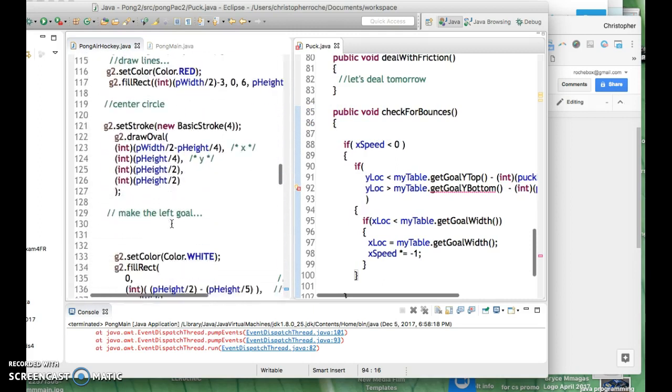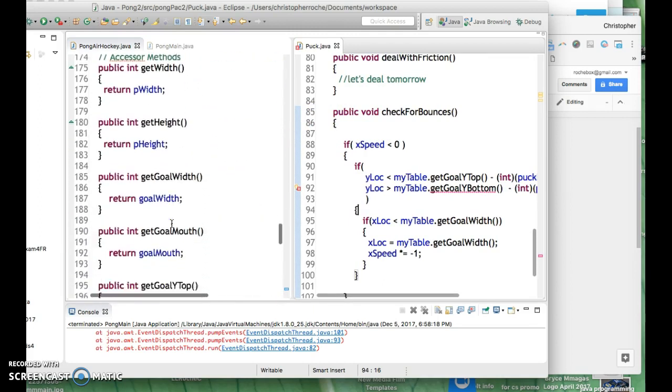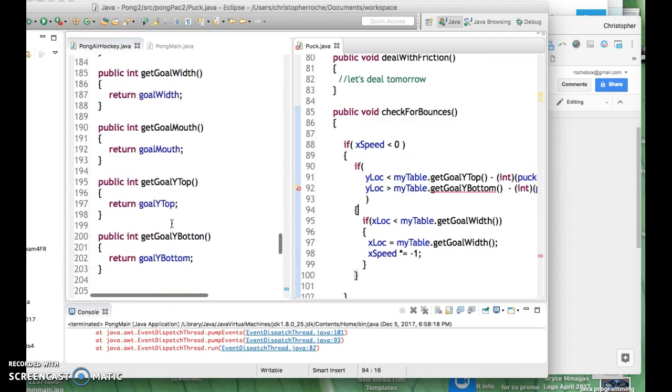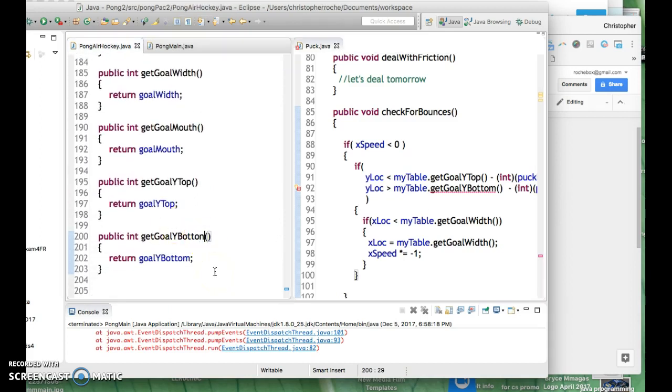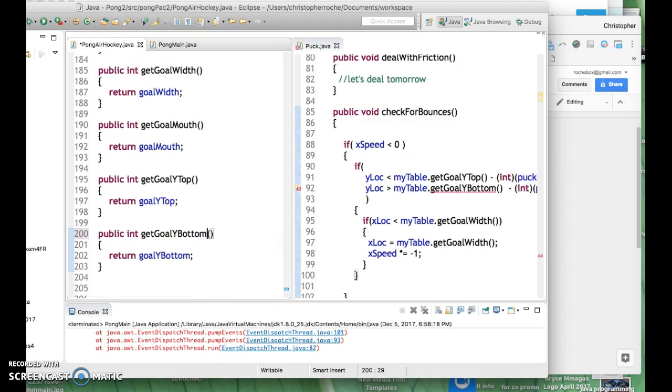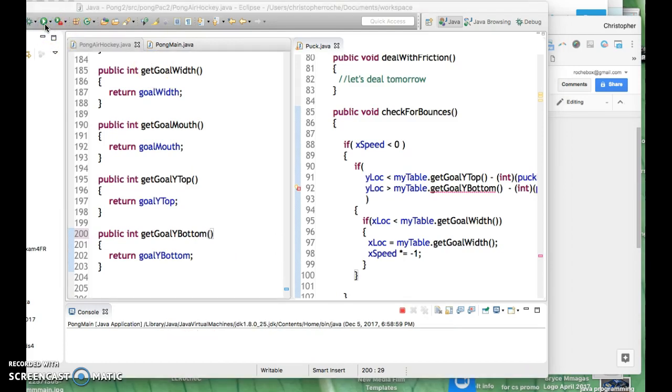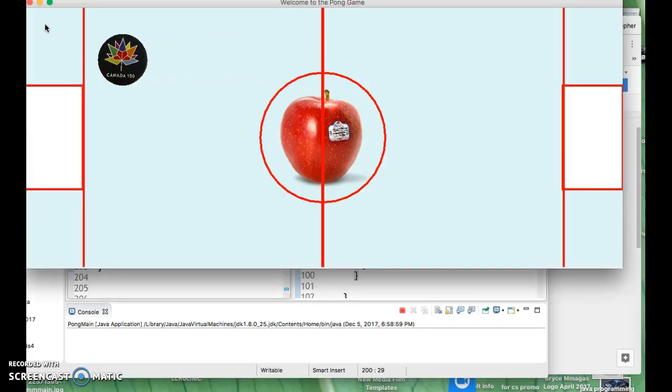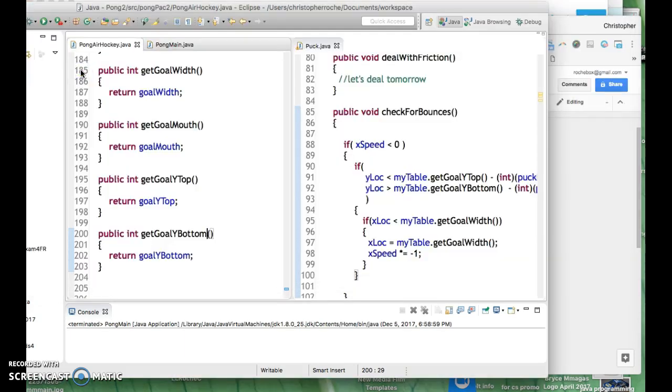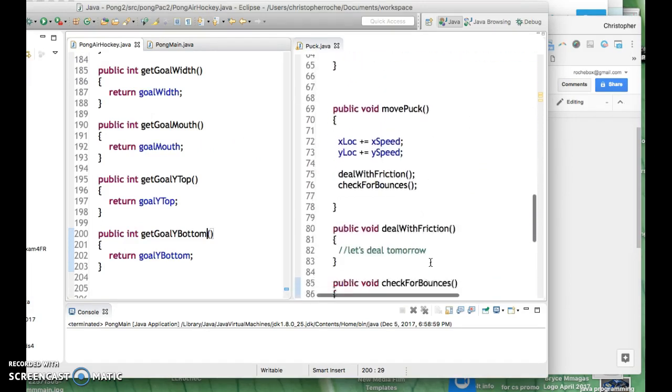Check out my accessor methods. Yeah, I forgot to say bottom. There we go. So run that down. So it bounces up there pretty good. Let's go to the bottom one and test that out.